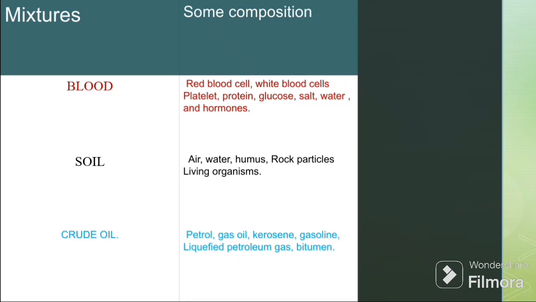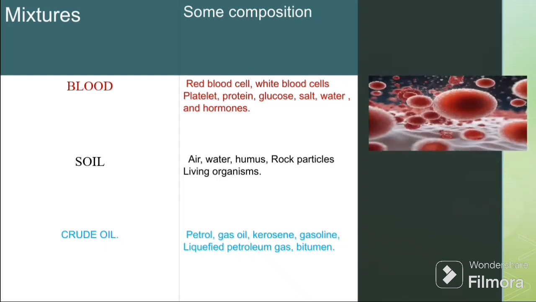It consists of red blood cells, white blood cells, platelets, salt, water, hormones, some proteins, and even glucose as well. Soil contains humus, rock particles, and living organisms like worms. Crude oil has compositions as well, which are gas oil, kerosene, bitumen, liquefied petroleum gas, and gasoline.